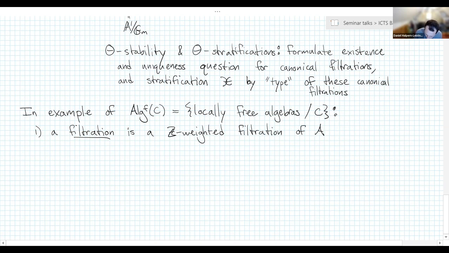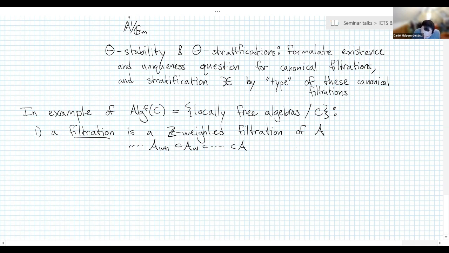of A, and what I mean by this is it's A_{w+1} inside A_w inside dot dot dot inside A, and there are some things that you need for this to be a sensible filtration.